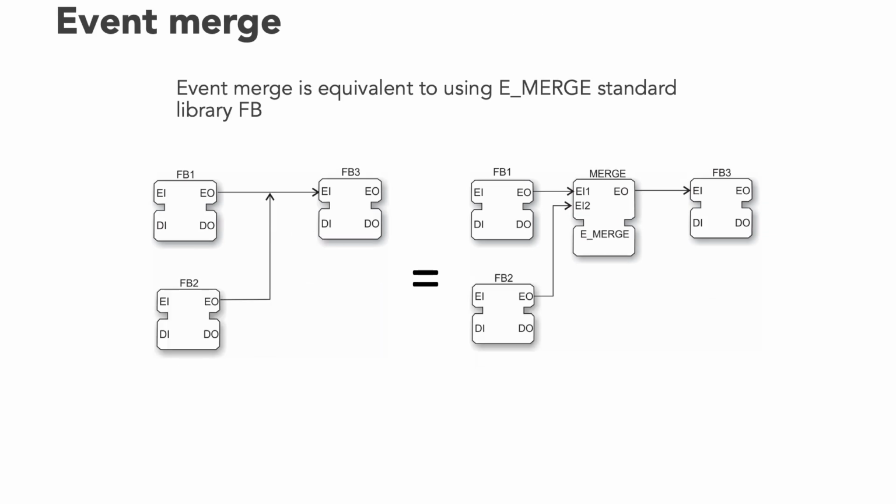An event merge, when we want to connect event connectors originating from different function blocks to one event input, is equivalent to using an E_MERGE function block. This E_MERGE function block has two event inputs and just one event output.